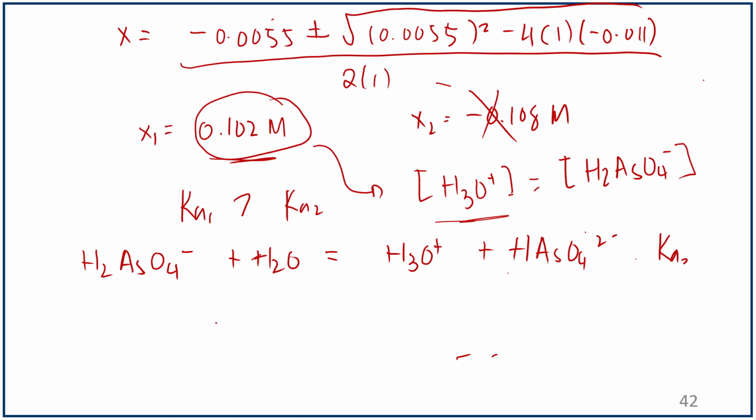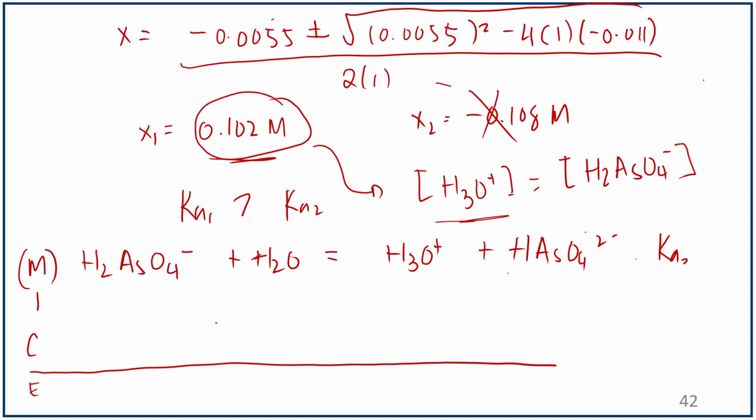So we can still write an ICE table for this one because we want anyway the concentration of HAsO4 2 minus. Okay, so this is ICE. And we now have a concentration for H2AsO4 minus.